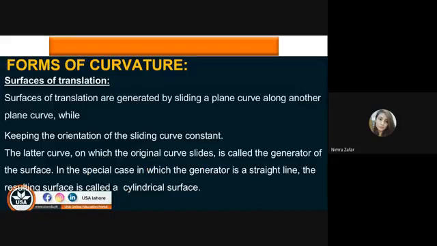If the original curve is sliding along another curve, it is generating a translation, and this curve is called the generator of the surface. In some special cases where the generator is a straight line, not a curve, the resulting surface is a cylindrical surface.